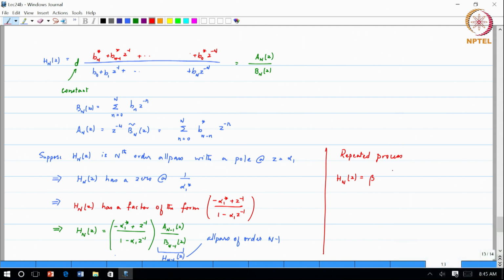The rest of it is a product of first order all pass functions, k equal to 1 through n, where the denominator is 1 minus alpha k z inverse, and the numerator is minus alpha k conjugate plus z inverse. Notice the paraconjugation structure comes in and works beautifully for us. So this is the general form, and of course beta cannot be 0, it is some constant scale factor.